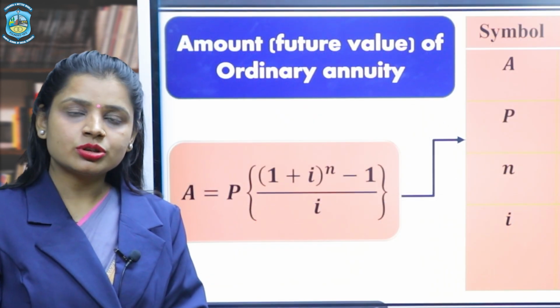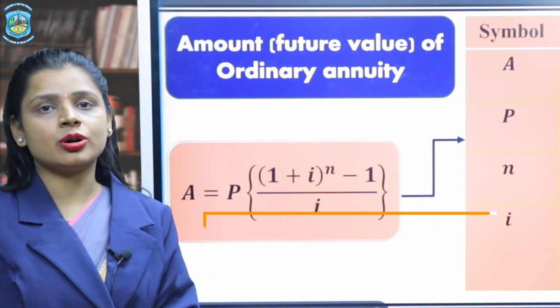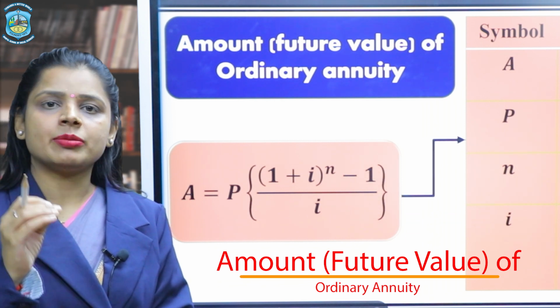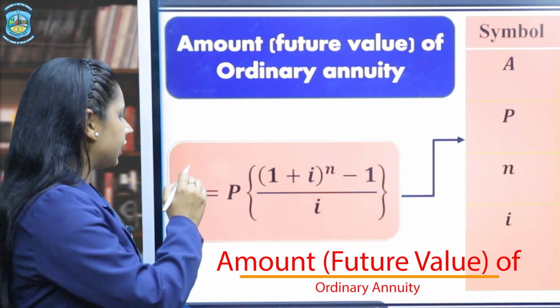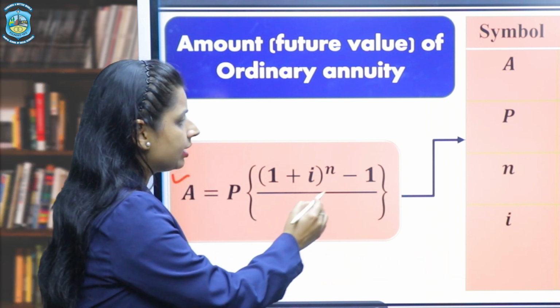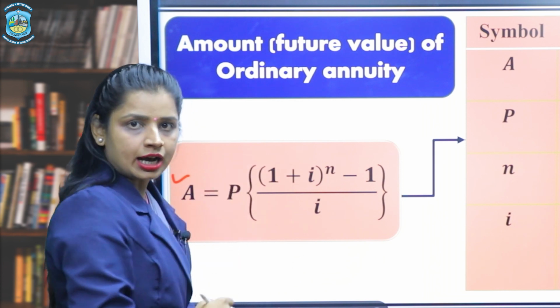The amount or future value of an ordinary annuity may be calculated by the mathematical formula A equal to P times (1 plus i) to the power n minus 1, upon i.